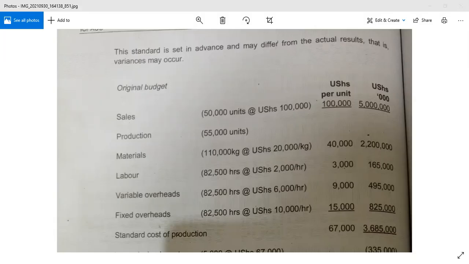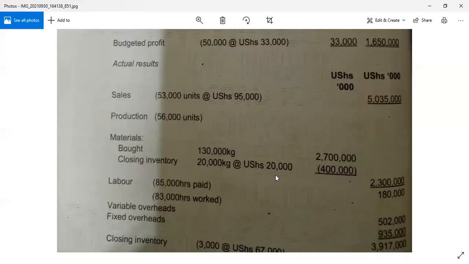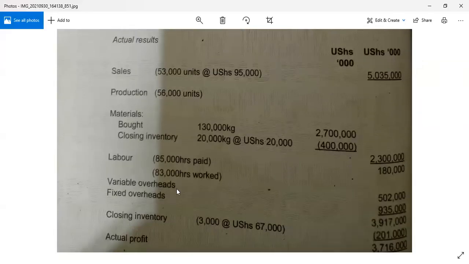So we are right here. So you can see we have variable overheads. Then original was 82,500 hours, okay? When you move down, as you can see, under variable overheads, they are giving us 52,000, okay, right there. And remember, they have told us the number of hours that were worked still was 83,000.